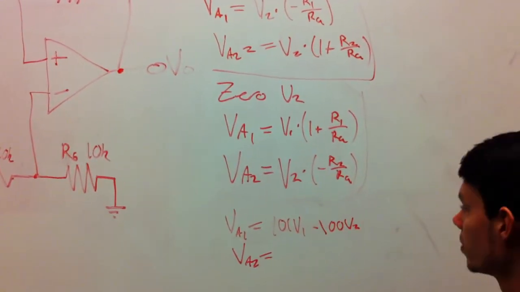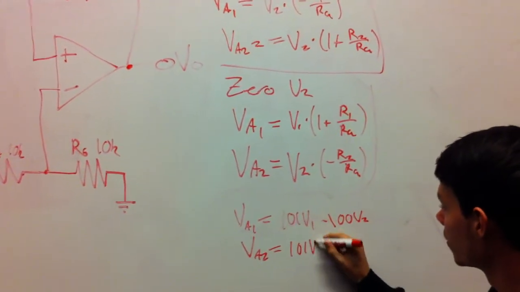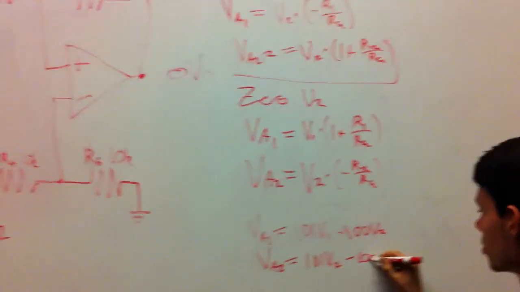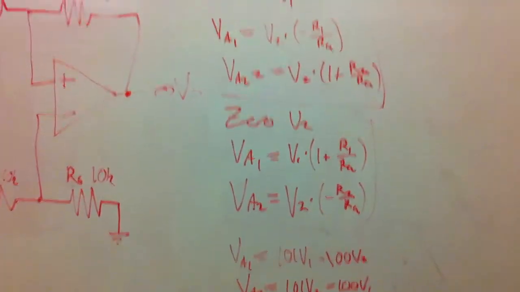VA2 is similar but flipped, so it's going to be 101 V2 minus 100 V1. That's the first part of the question. It's pretty simple to get.